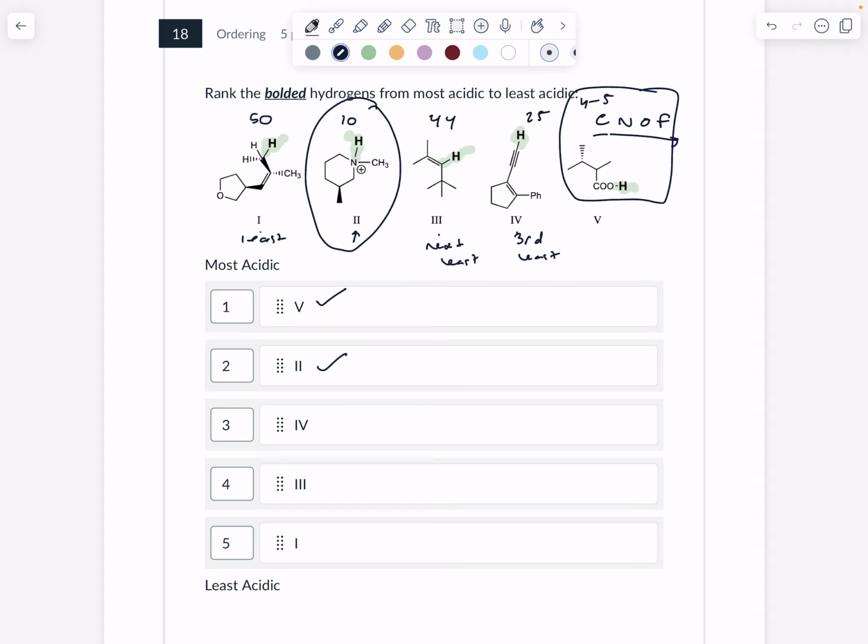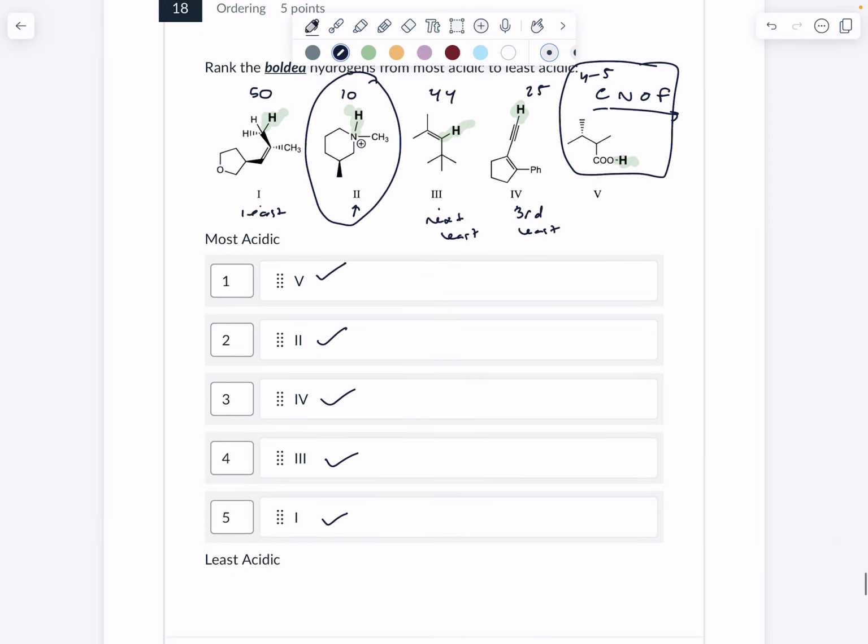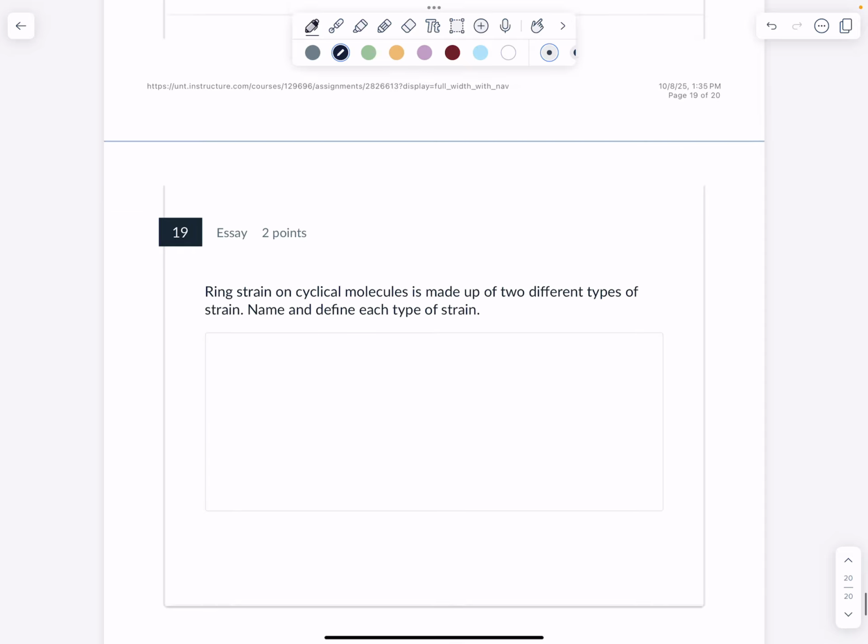But in general, an sp3 hybridized nitrogen is more acidic than an sp3 hybridized carbon. If they're both neutral, everything's the same. So that's something to think about. And then we have our pKa of 25 next, and then our pKa of 44, and last but not least, our pKa of 50. So that is how I would rank these.